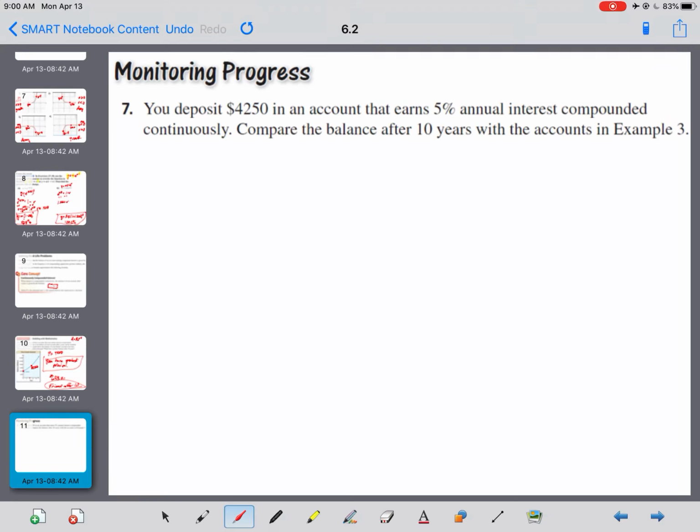Okay. Let's try it again. You deposit $42.50 in an account that earns 5% annual interest compounded continuously. So remember, it's A equals P e to the rt. Okay, so the amount equals $42.50 e to the 0.05.